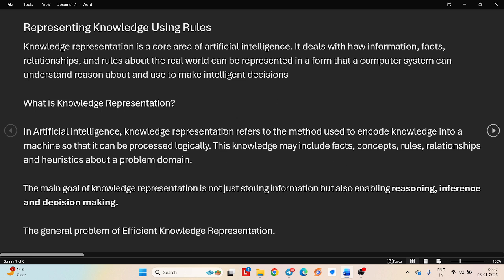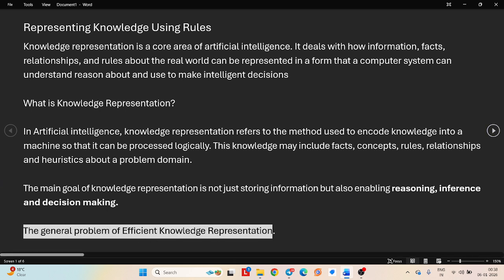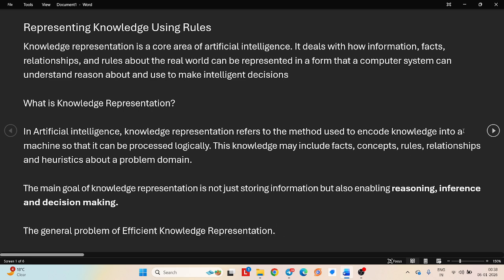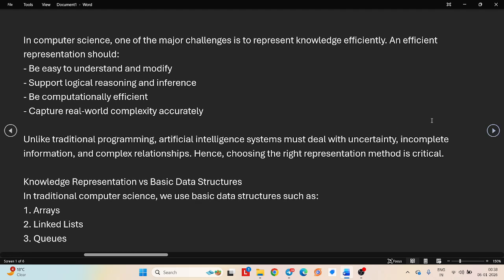The main goal of knowledge representation is not just storing information but also enabling reasoning, inference and decision making. The main goal is not only getting the final output. It will do reasoning, inference and better decision making also. The general problem of efficient knowledge representation we'll go forward and learn more about.